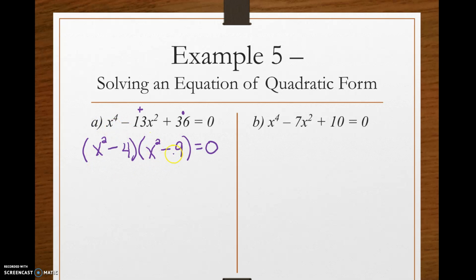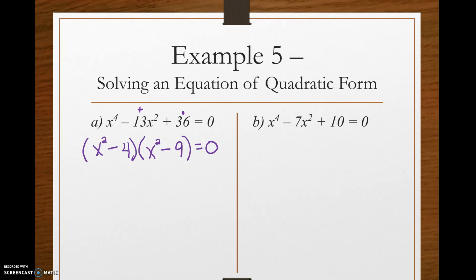When you do x squared times negative 9 and negative 4 times x squared, those would combine to give you the negative 13x squared. Negative 4 times negative 9 is positive 36. So when you see x to the 4th with x squared in the middle, your x's in the binomials are going to be x squareds instead of plain x's.